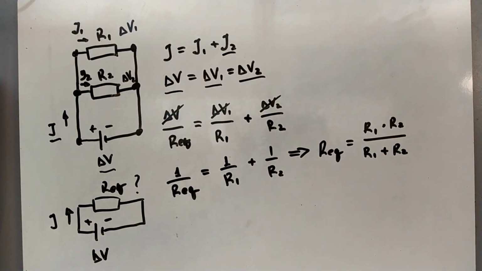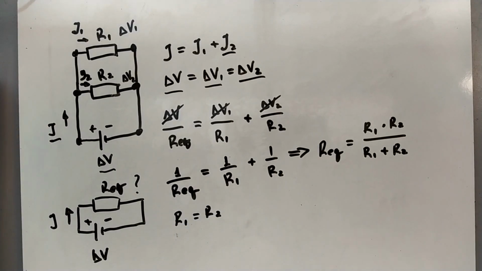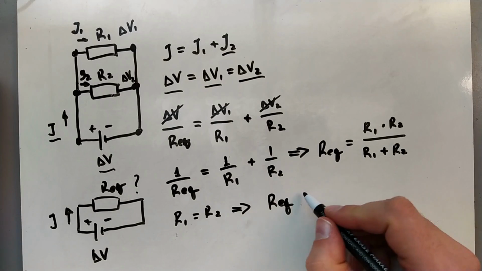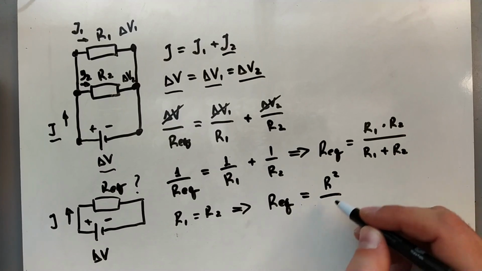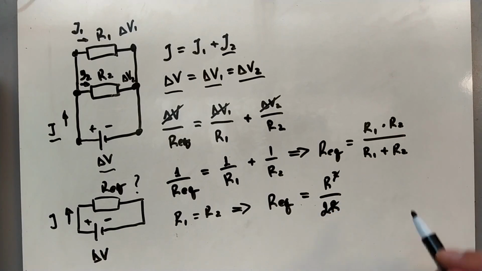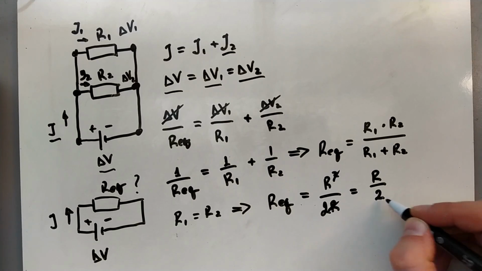So following our previous example, when we had two resistors equal to each other, we can assume that R1 is equal to R2, and for this case R equivalent will be equal to R squared divided by 2R. So we can cancel these, and that will be R divided by 2.